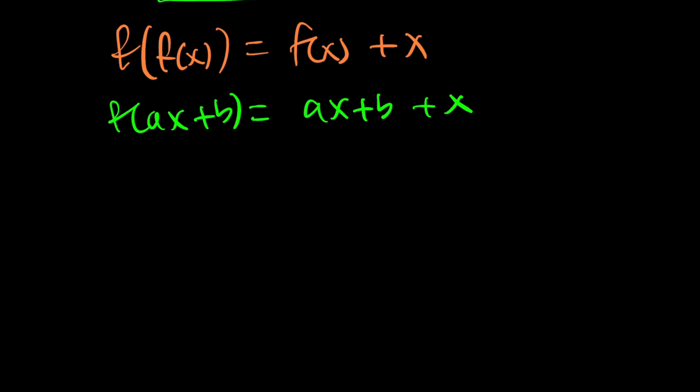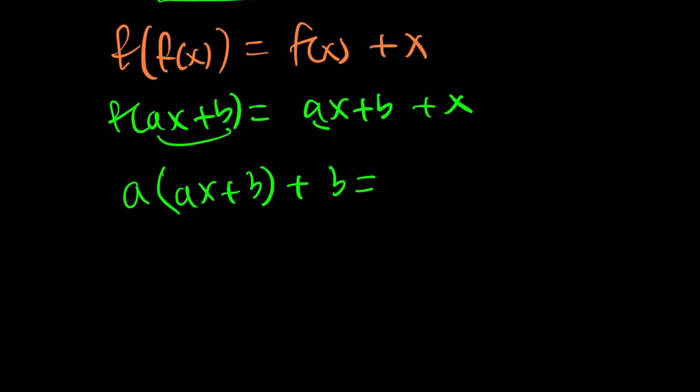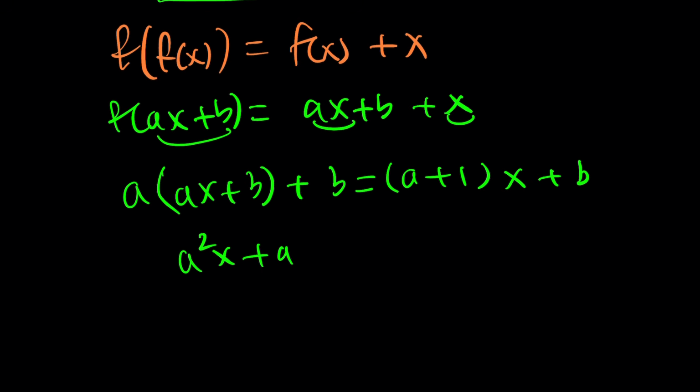And from here, if you plug in ax plus b, this is going to be a times (ax plus b) plus b equals, now we can put these two together, (a plus 1) is the coefficient of x, plus b. Now these two polynomials can be equal because they're both linear if the corresponding parts are equal.